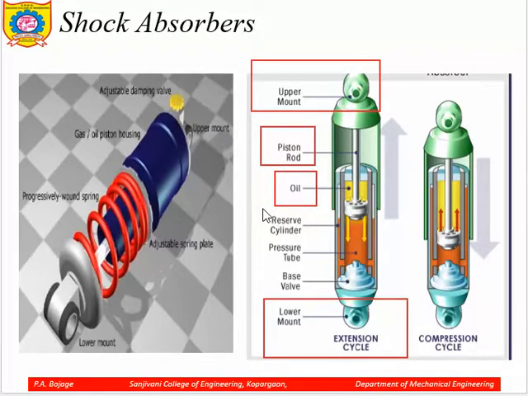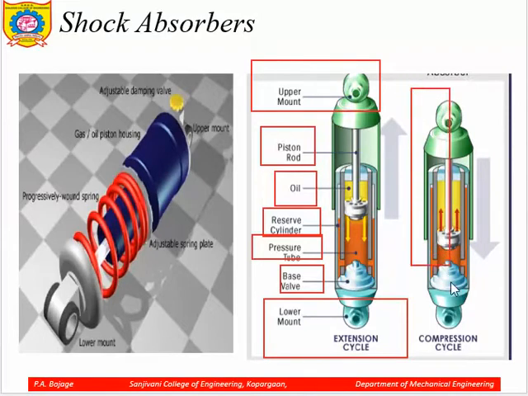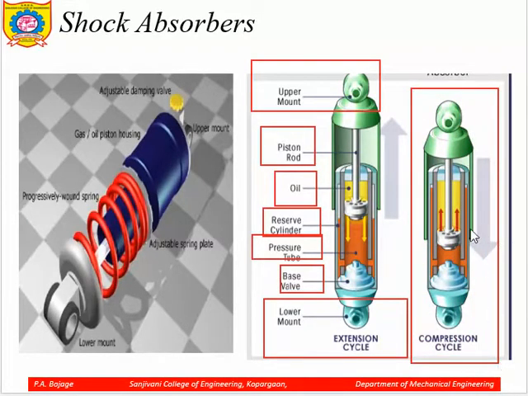Again there are chambers: the reserve cylinder, pressure tube and base valve. And you can see this shock absorber in compression mode, when it gets compressed, this oil will move up through these small openings or holes, and it will absorb the shock of the wheels.